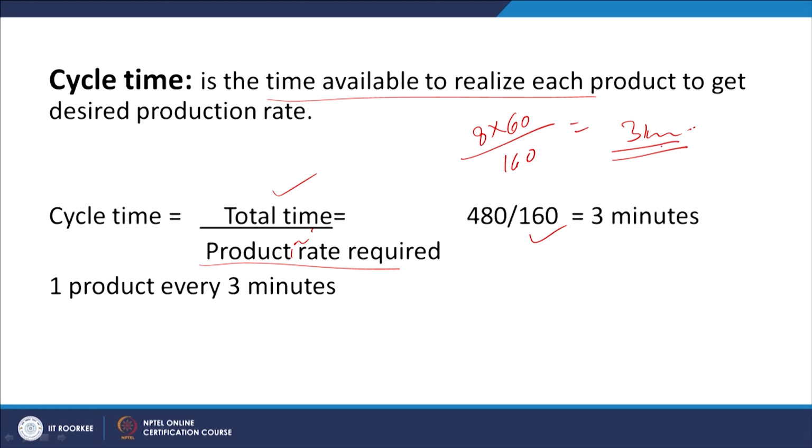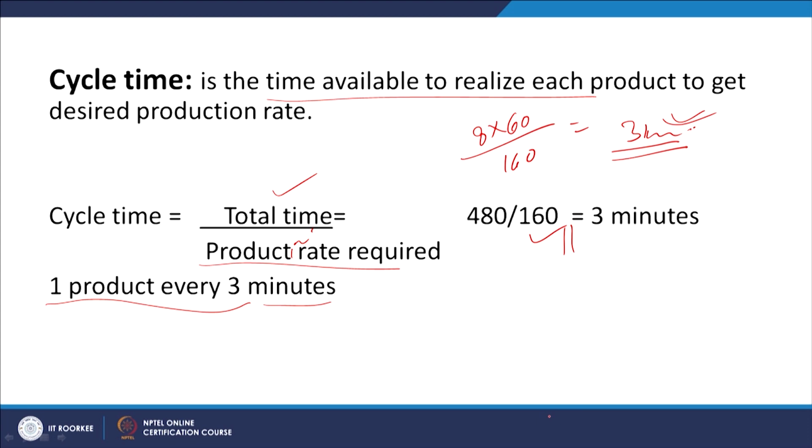We cannot allow the time to complete the job at each station to be more than 3 minutes. If that happens in a product layout, we will not be able to realize the target production rate of 160 units. So, one product will be produced every 3 minutes.